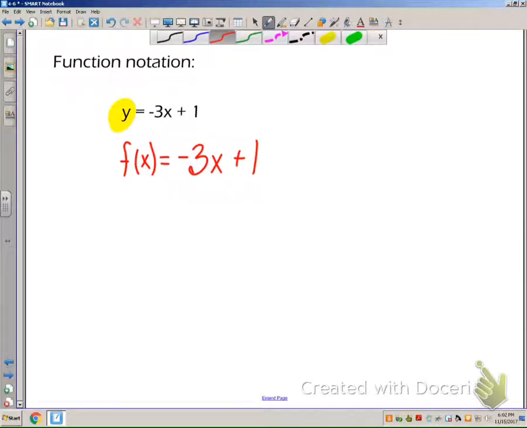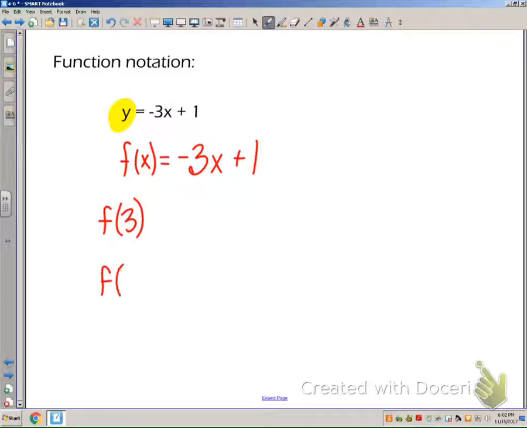So sometimes you might see this kind of problem. And it'll say evaluate for f of 3 and evaluate for f of 7. All that means is, notice I took my x out and I replaced it with a 3. So on this side of the equal sign, I've got to do the same thing. Wherever there's an x, I'm going to replace it with a 3.